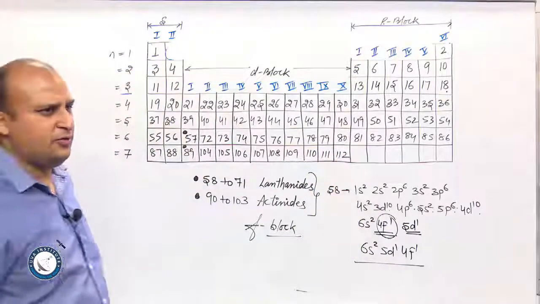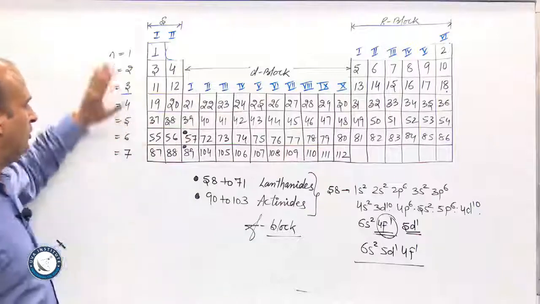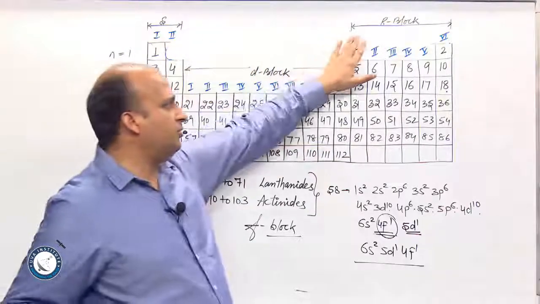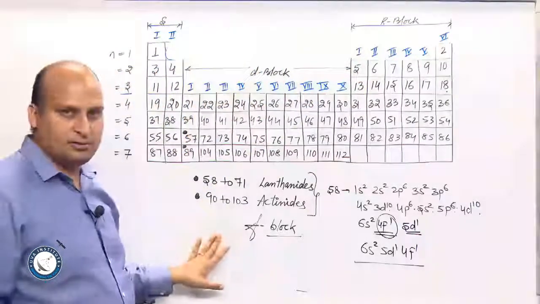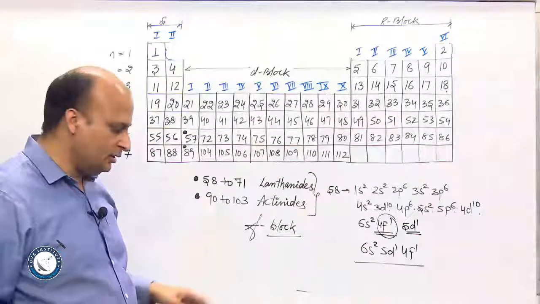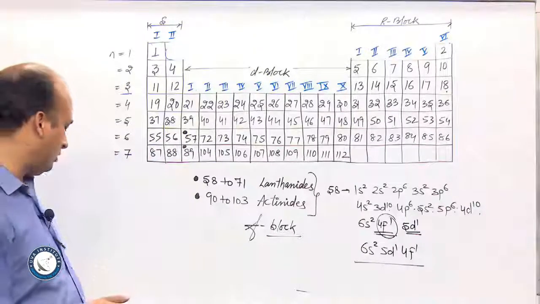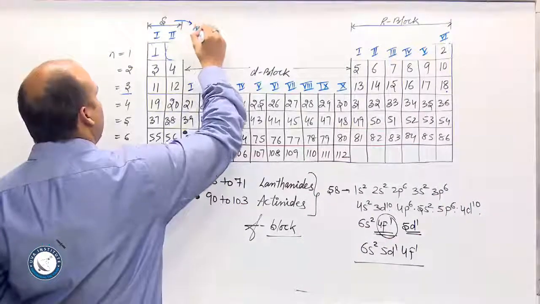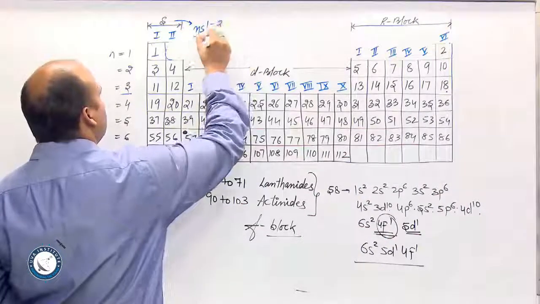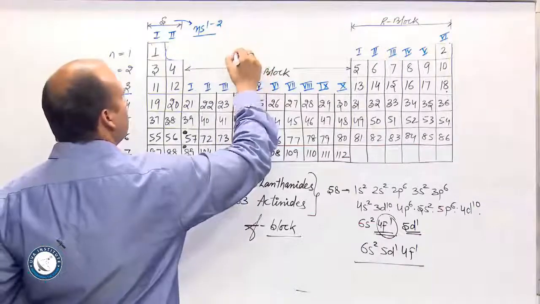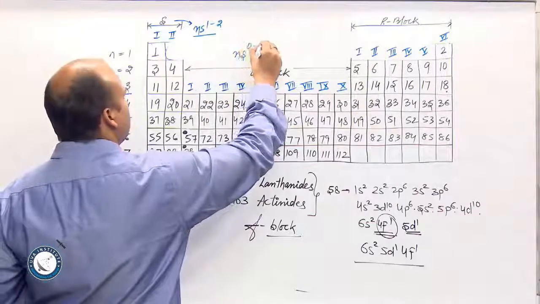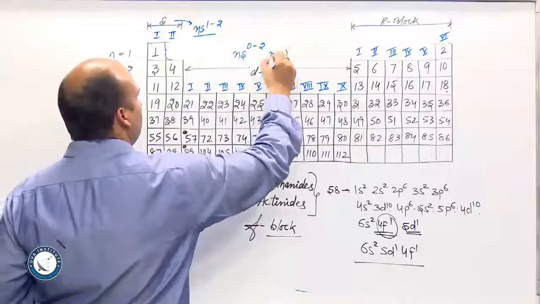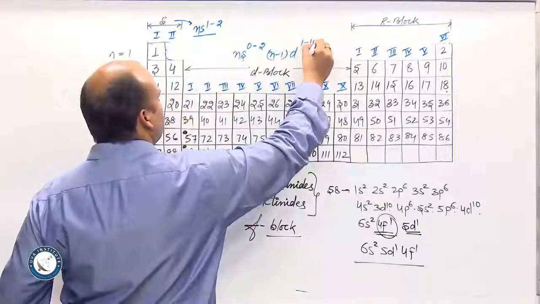Okay, fine. So this is how you have got S block, P block, D block, and F block, right? And now if you write down the configuration of each block: for S block it is ns1 to 2. For D block it is ns0 to 2, (n-1)d1 to 10.